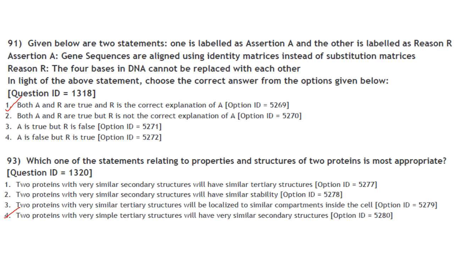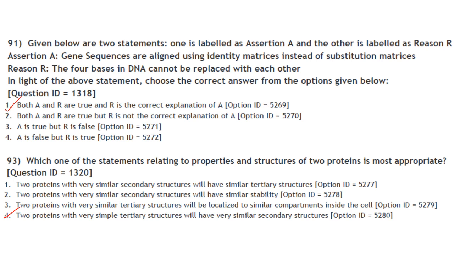Two proteins with very similar tertiary structure will be localized to similar compartments inside the cell. Two proteins with very simple tertiary structures will have very similar secondary structures. It is not simple, it is similar. Answer is option 4. Two proteins with very similar tertiary structures will have similar secondary structures.